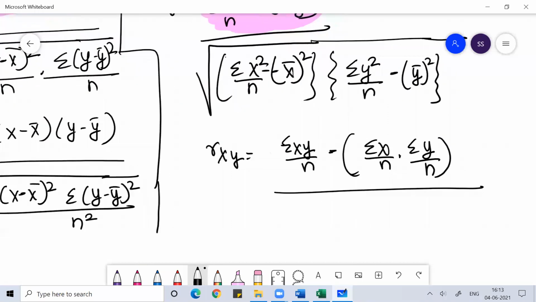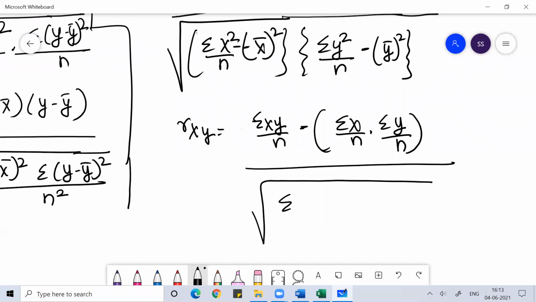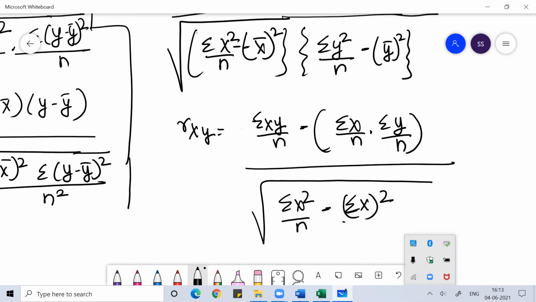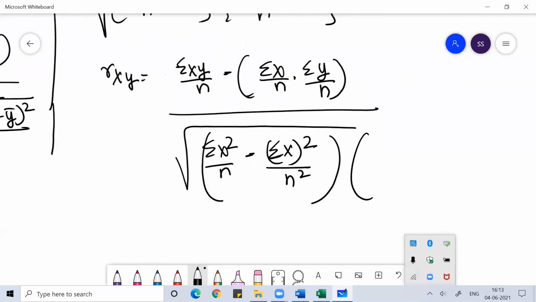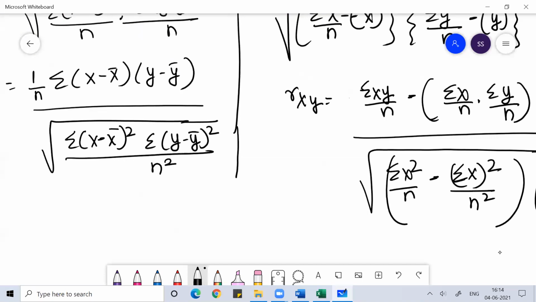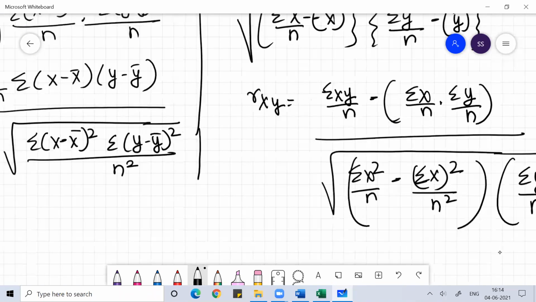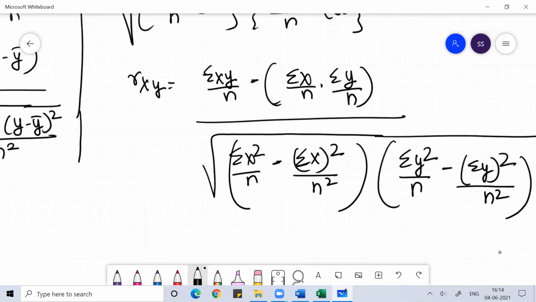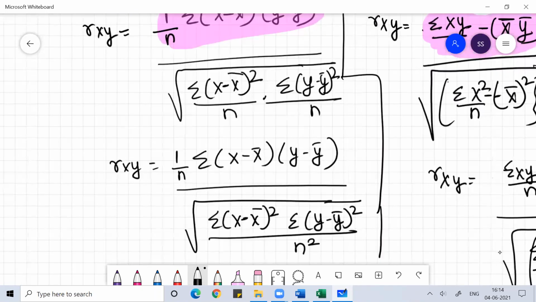This whole is divided by under root of summation of x square by n minus (summation of x) whole square by n square, and then summation of y square by n minus (summation of y) whole square by n square. Clear? Anyone, any doubt?